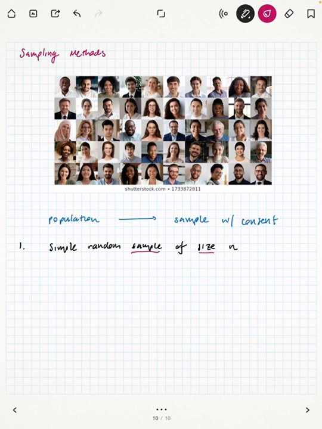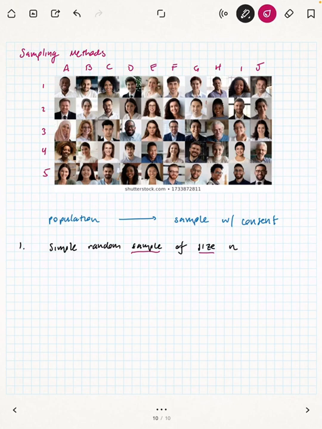Or maybe we could do something like this: each column has a letter attached to it, and each row has a number attached to it. Then we pick out these labels.